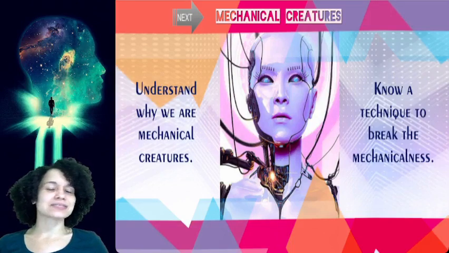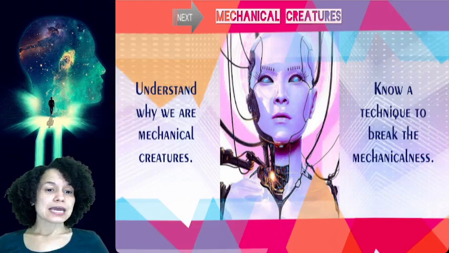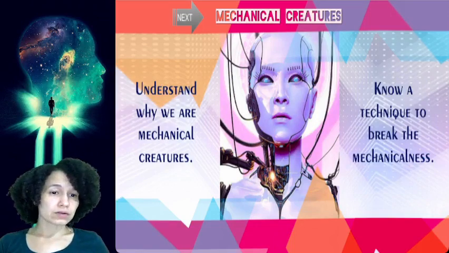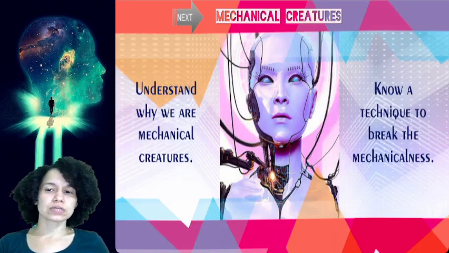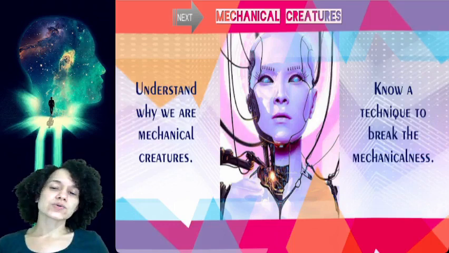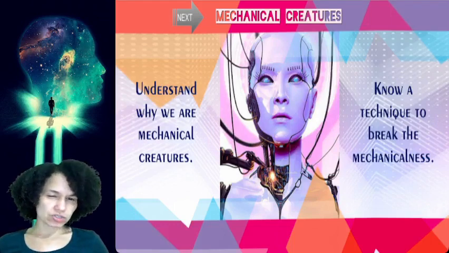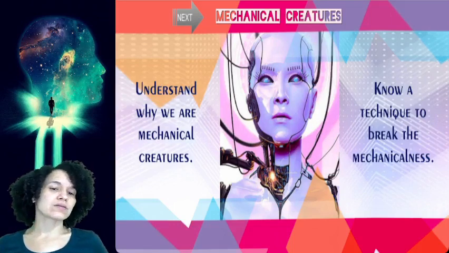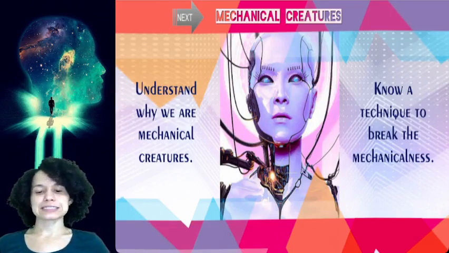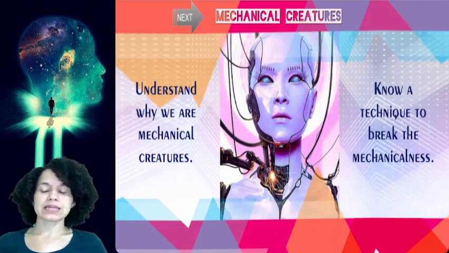The next topic is mechanical creature. In this one, we are going to understand why we are mechanical creatures. We are going to know a technique to break our mechanicality, because as long as we continue to be robotic creatures, acting under the mechanical programming of our ego, we will not be able to awaken consciousness. And well, that will be next Friday.